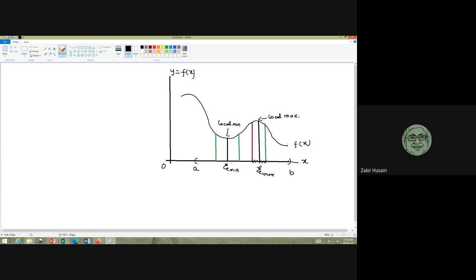Okay. Like for instance, we can see over here that we are identifying this point to be the local maximum. But clearly there are points over here which have higher functional values. The value of y is higher over here.